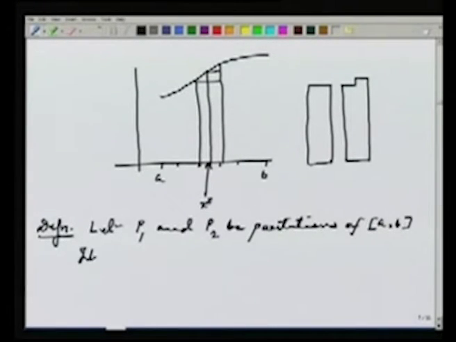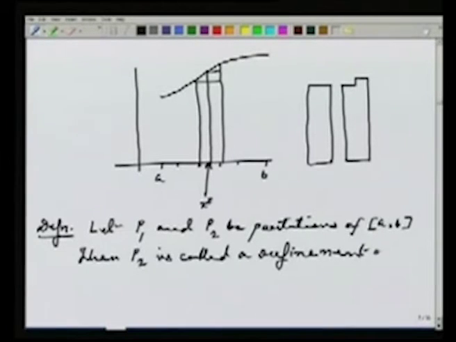Then P2 is called a refinement of P1 if P1 is a subset of P2.